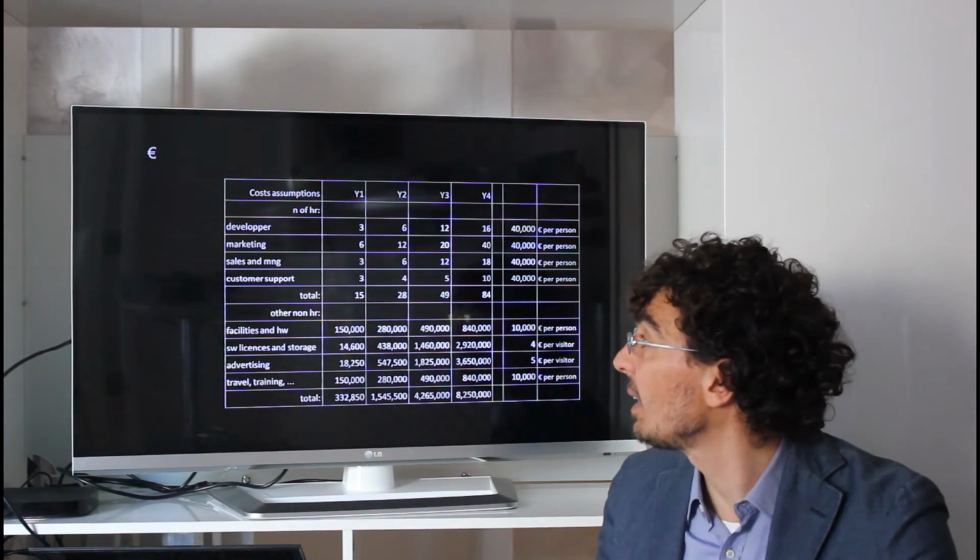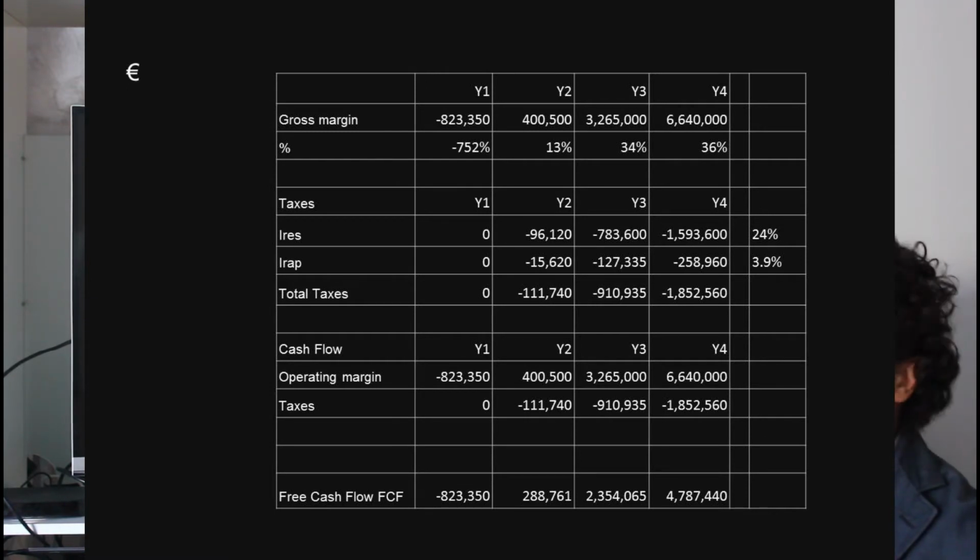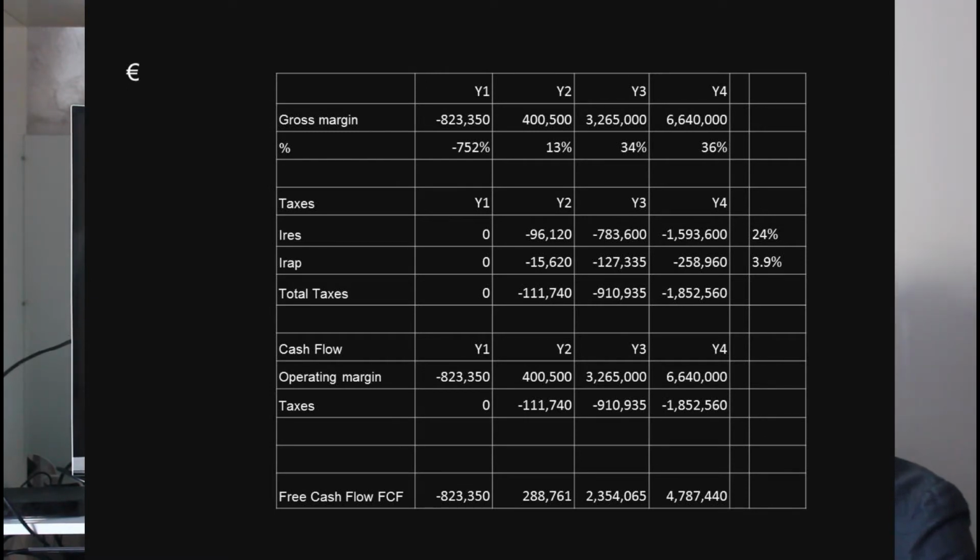In order to get that, we have certain expenses that will cause a loss in the first year, which must be covered by about 1 million euros to be found in the next round of investment.